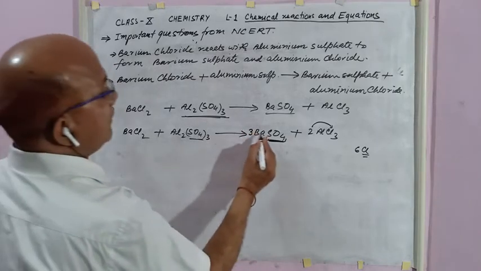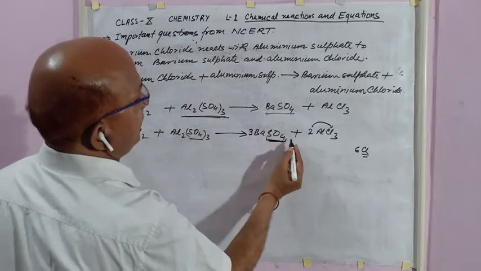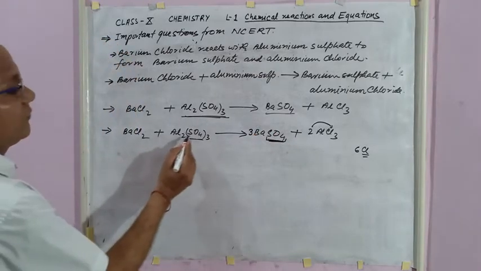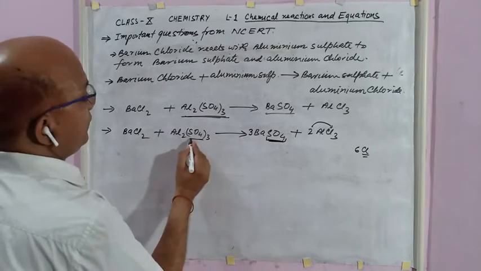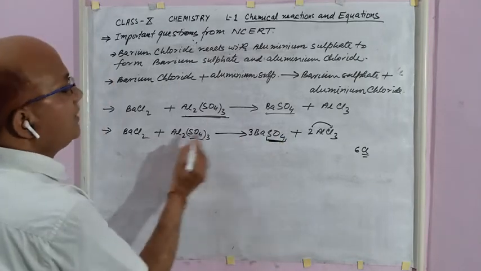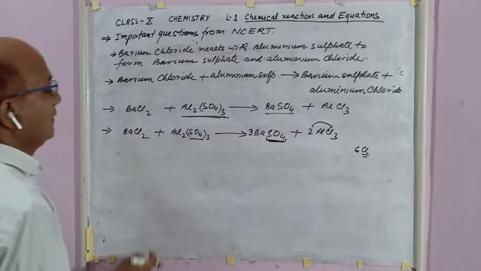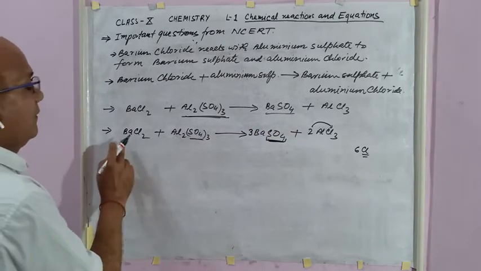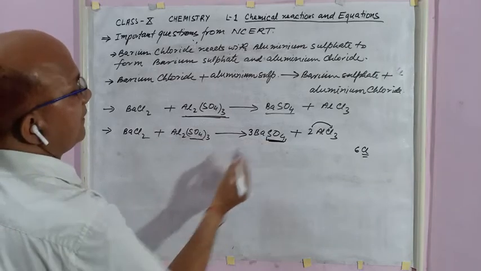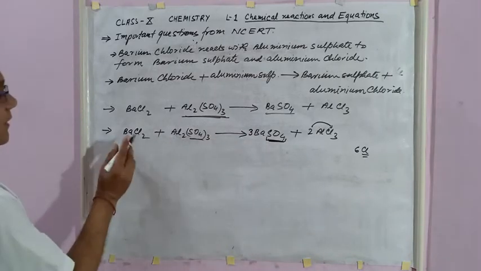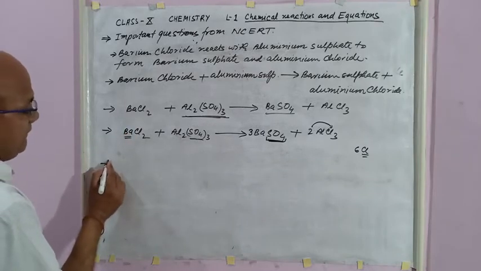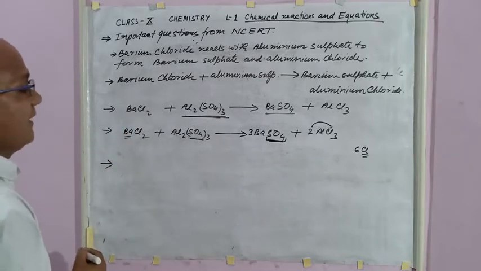So 3BaSO4, and in this way the SO4 unit is balanced on both sides, aluminium is balanced on both sides, but barium, you can see 3Ba means 3 barium atoms, while on the left side there is 1 barium atom. So in the final step we will balance barium.